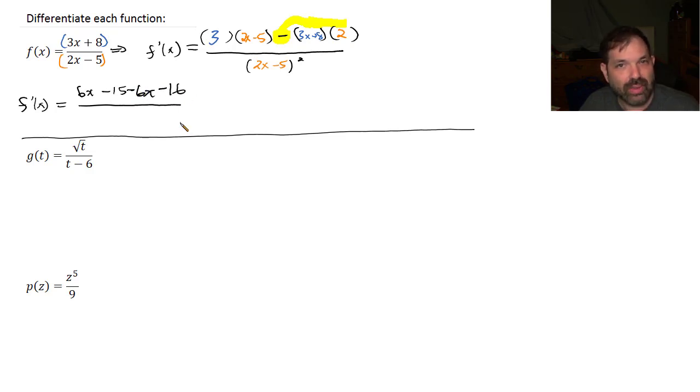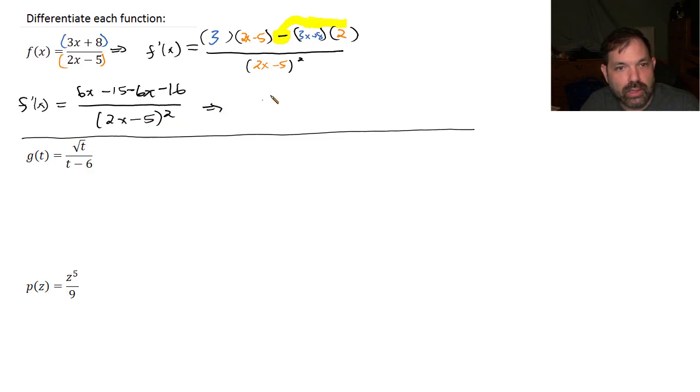So be careful here. That's probably the most common error in applying the quotient rule, applying that subtraction correctly in the numerator. Assuming you understand how to apply the derivatives of the top and bottom correctly, then the most common error is subtractions usually. The denominator I'll leave as 2x minus 5 squared.